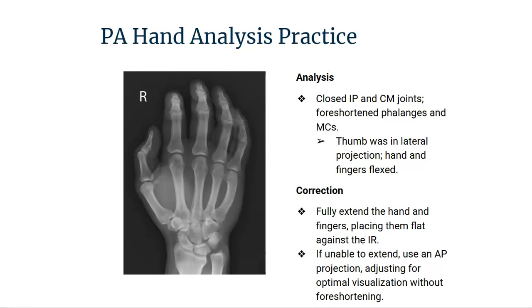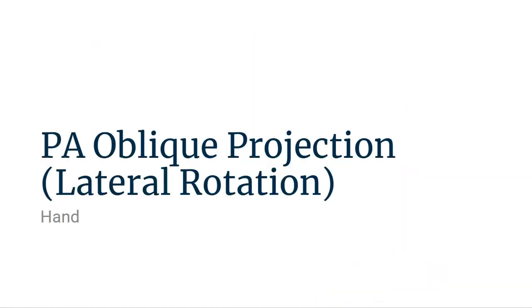This may require use of an AP projection, adjusting for optimal visualization without foreshortening of those digits. This is usually used in a worst case scenario. So let's move on to the PA hand oblique projection.